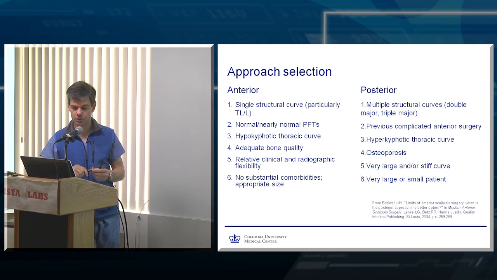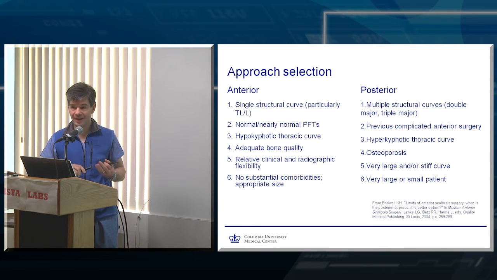And saving levels, of course, is important, particularly down in the lumbar spine. With pedicle screws and with derotation techniques that Joe talked about some yesterday, the length of the construct for a posterior operation now is very, very similar, if not identical, to what we can do anteriorly. So we're not saving levels so much anymore going anteriorly.